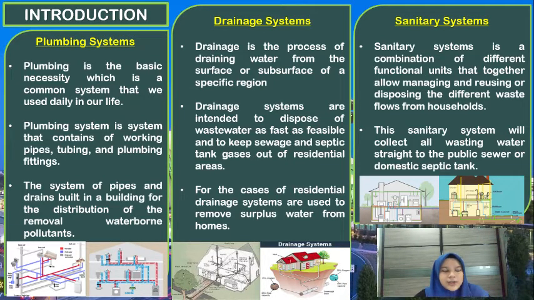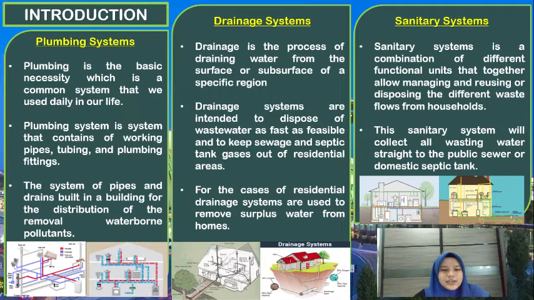The system of pipes and drains built in a building is for the distribution and removal of waterborne pollutants. The drainage system is the process of draining water from the surface or subsurface of a specific region. Drainage systems are usually intended to dispose of wastewater as fast as possible and to keep sewage and septic tank gases out of residential areas.